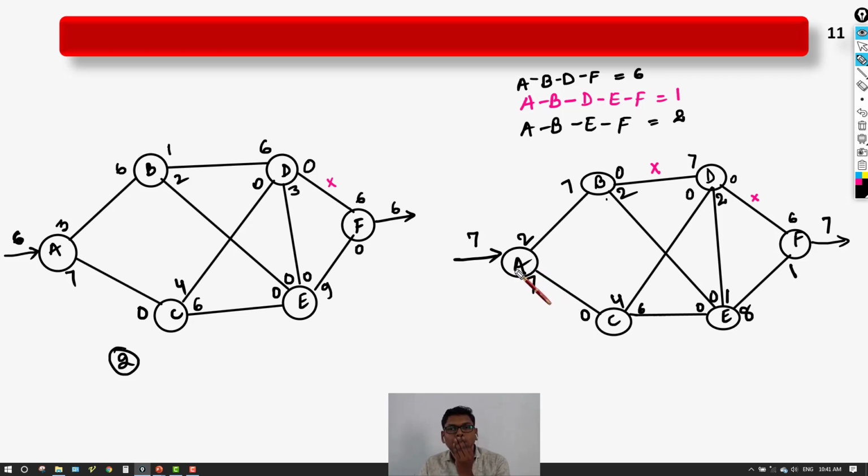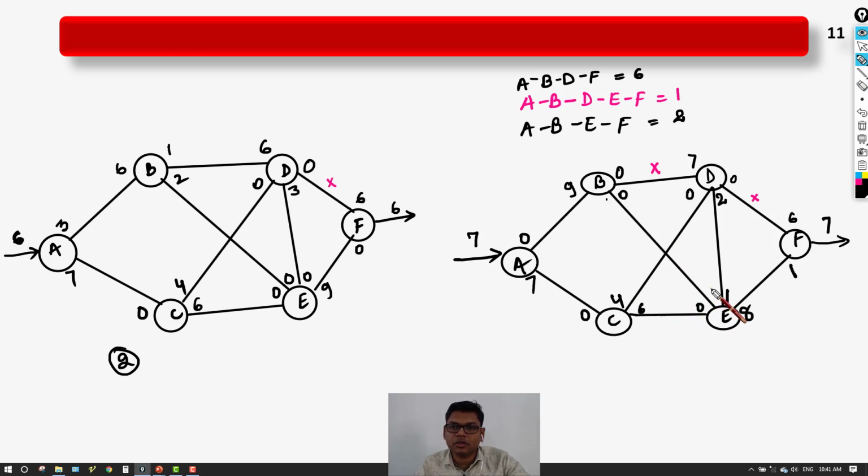So what I'm going to do is update this one only now. Just make this clear, and this is 0, and this is now 9. Clear? Here is 2, so this will become 0 and 2.